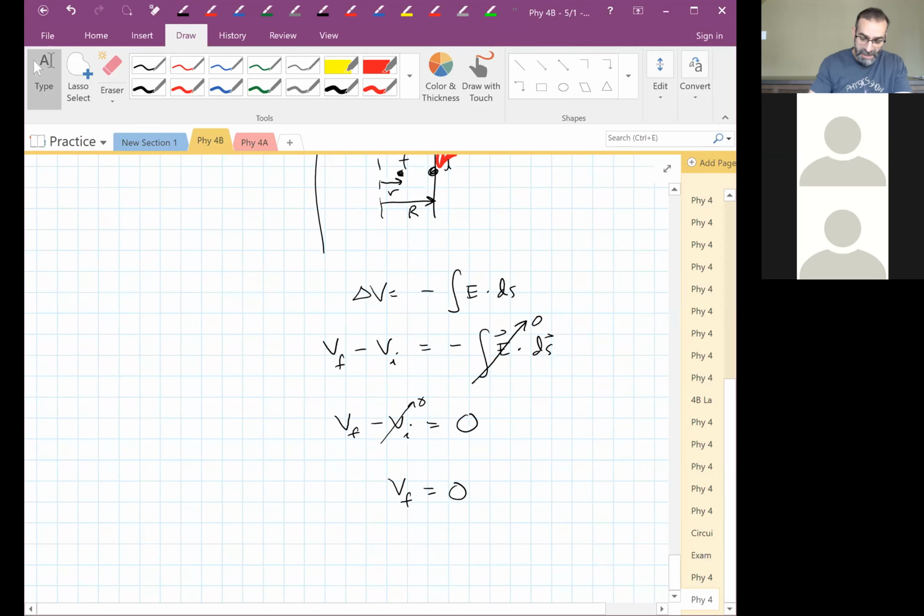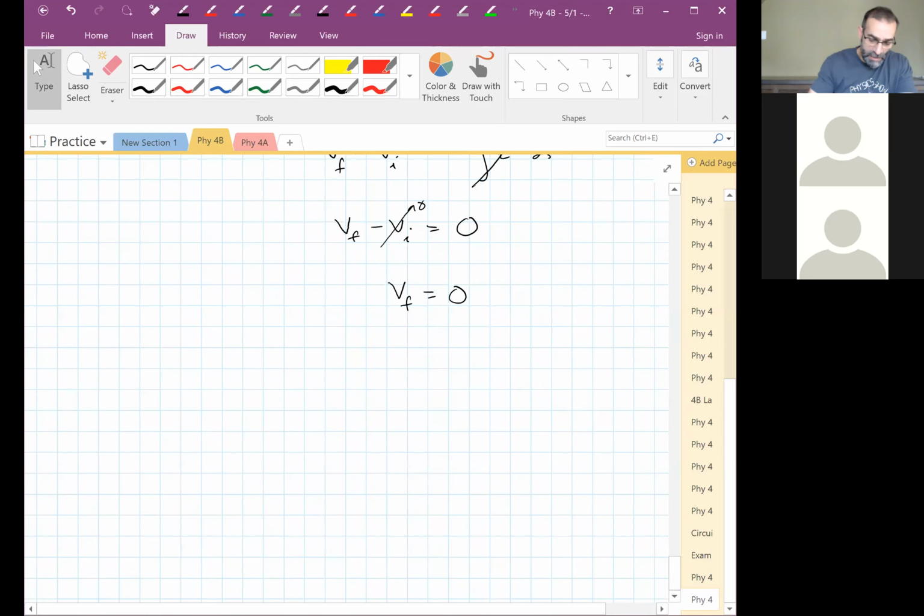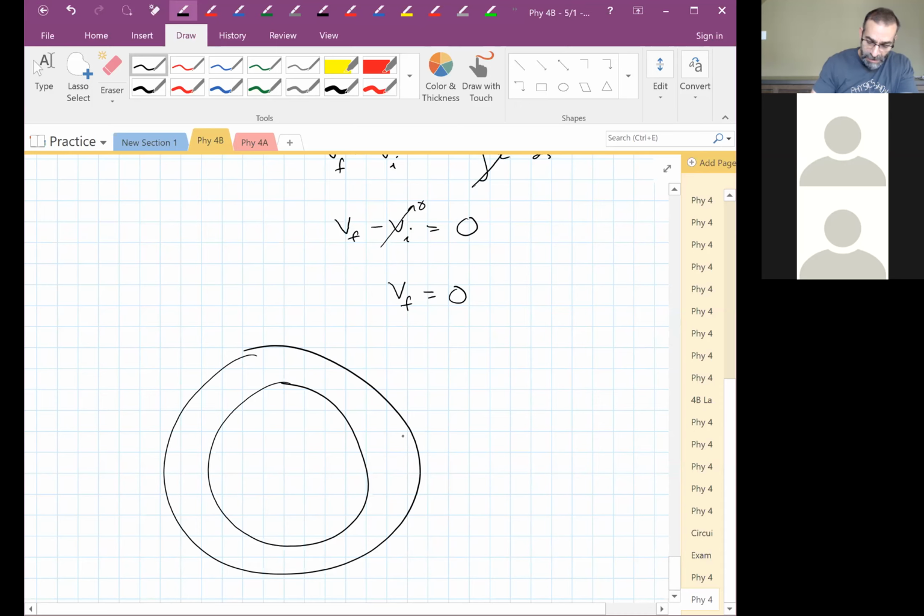So this equation right here, you're going to use that in some region of space where you know what the electric field is, and you can get right up to the boundary. You can figure out what the potential is there. And then if the electric field changes in the next region of space, like going through a shell or something, so you have E1 over here, and then this is a conductor. So you have E equals 0 here, and then you have E2 here, right? You have different fields.